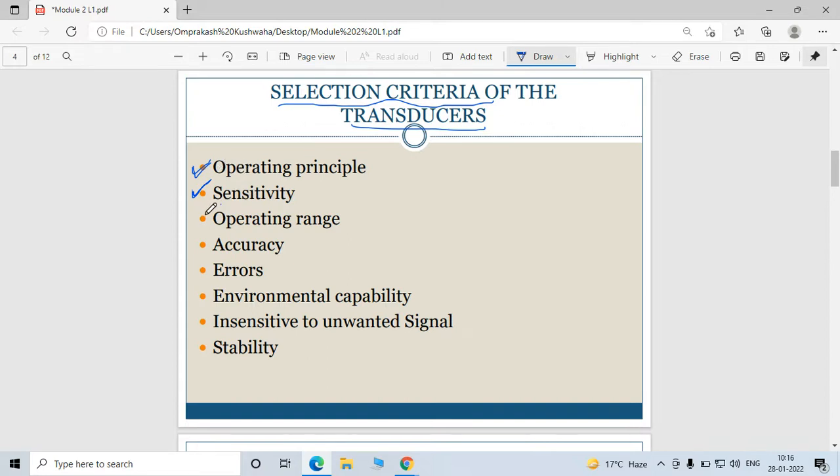Third is the operating range. What is the range of operation of your meter? That's also very important while using any instrument. For example, if you want to measure voltage up to 100 volts, but your device is unable to measure that 100 volts, then it is not useful.